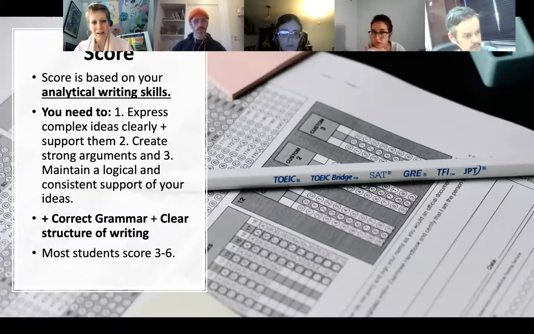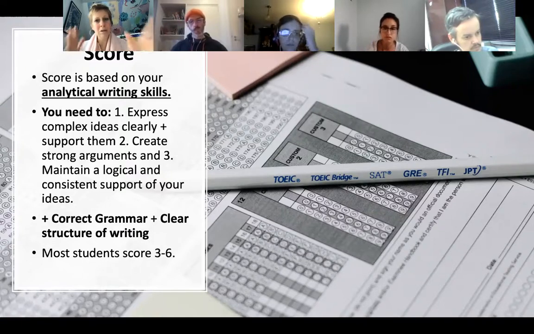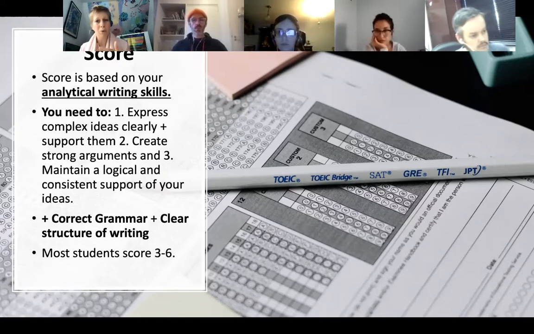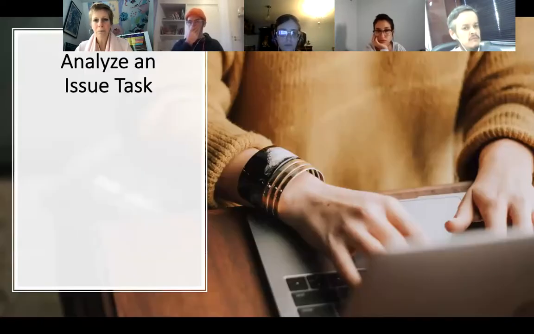And then, like I said, most students score between 3 and 6, all right? If you look at the test scores, a 0 is like you didn't write anything, a 1 is you only made 1 point. You can see pretty easily how they score each of these analytical writing pieces, okay?